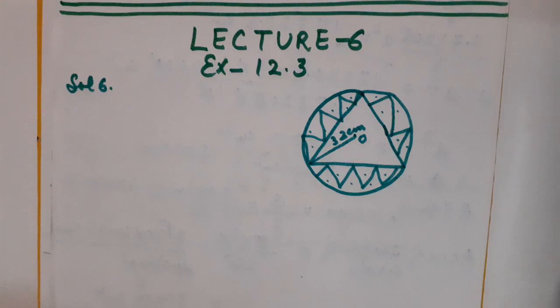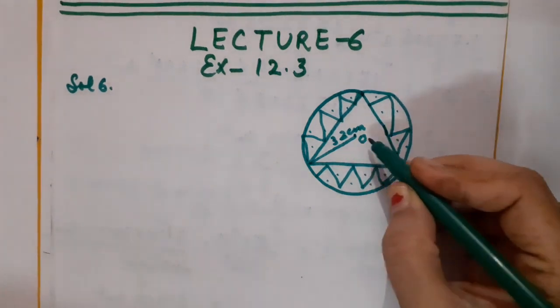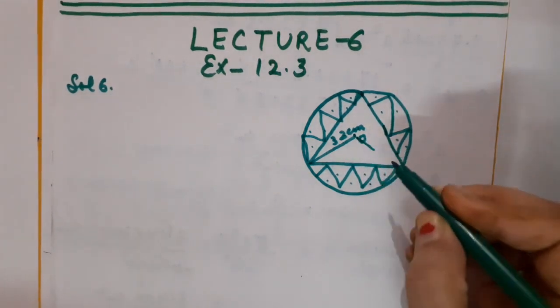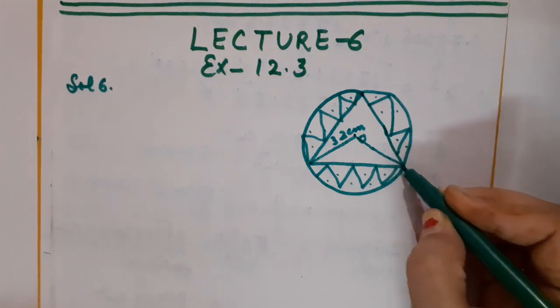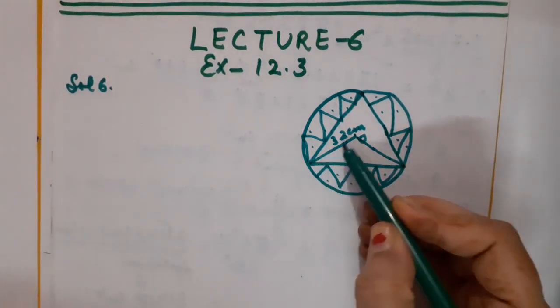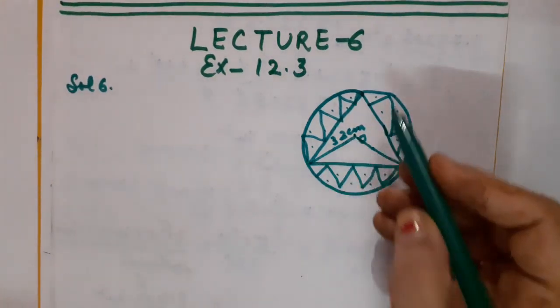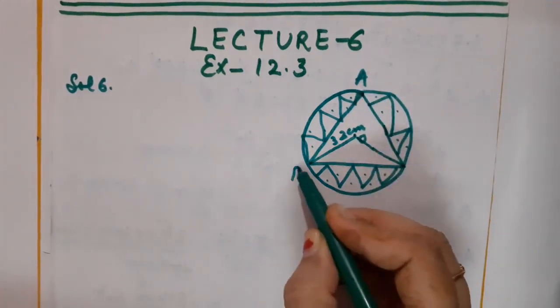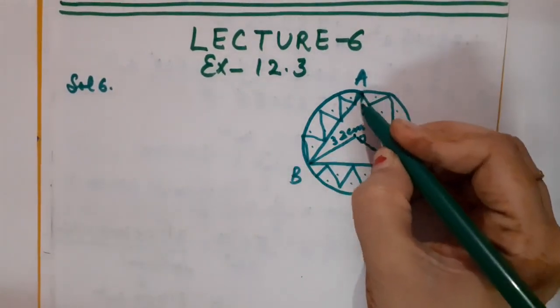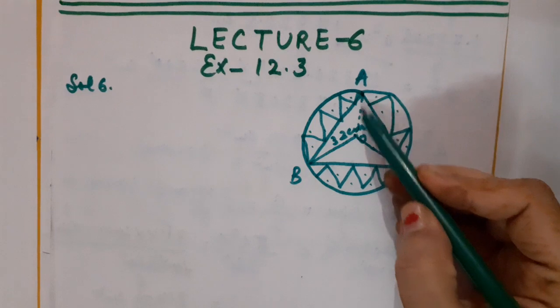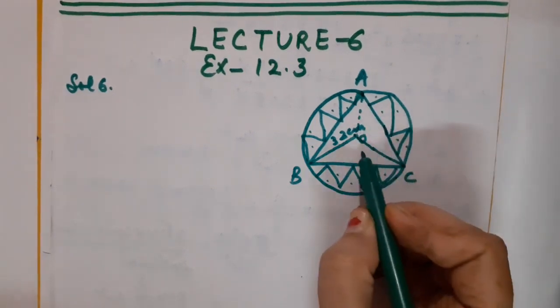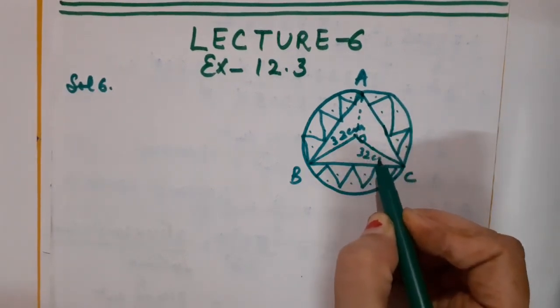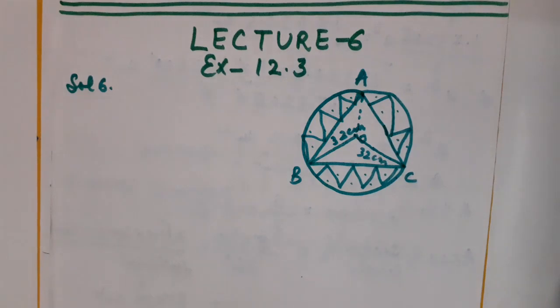Children, just observe, if in this given figure I draw two radii of the circle, you can see this is 32 centimeter. The names are also given. Here also I am going to join. So OA, OB and OC, they all are the radii of the circle of 32 centimeter each.